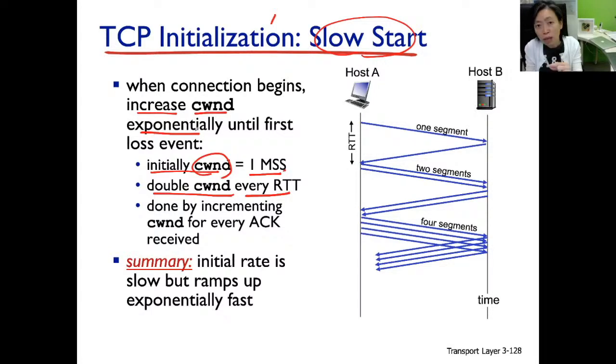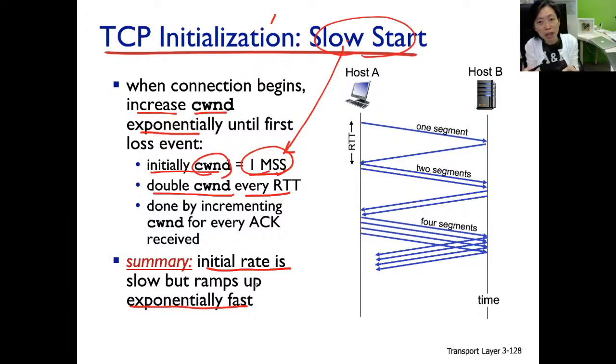So the initial rate is very, very small, 1. Slow start refers to the initial window size being the lowest possible, but the increasing rate is exponentially fast.